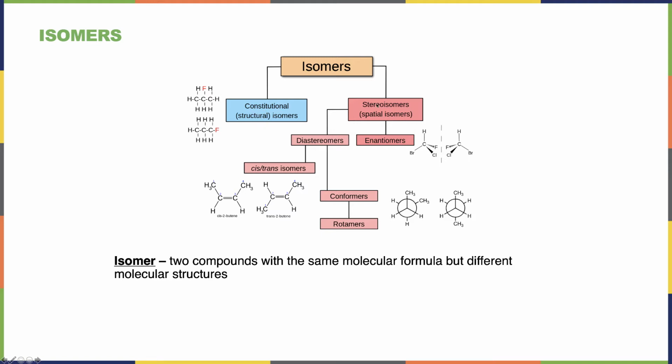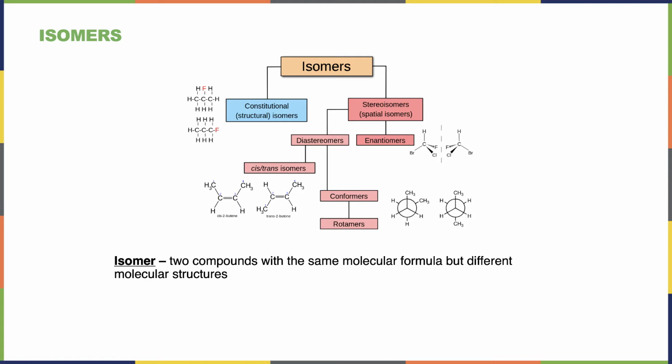Now, here we have spatial differences, and there's actually two kinds of spatial differences. There's something known as diastereomers and enantiomers. Now, the enantiomer is represented here, and what you have is a right-handed and a left-handed molecule.